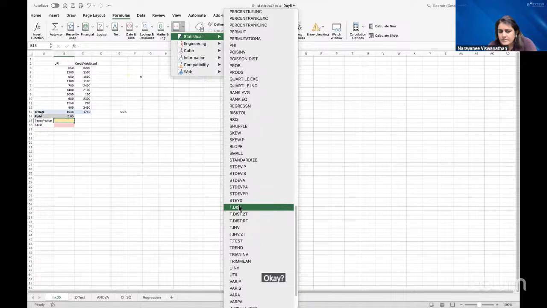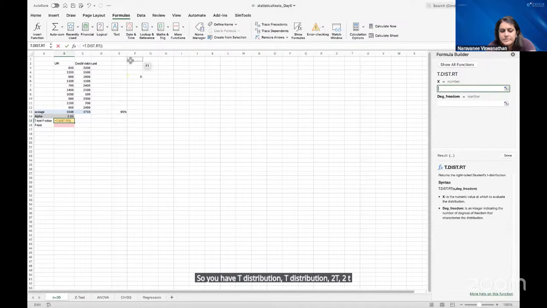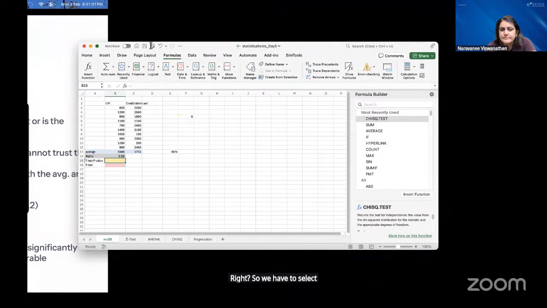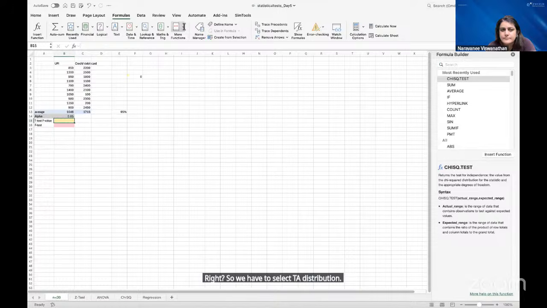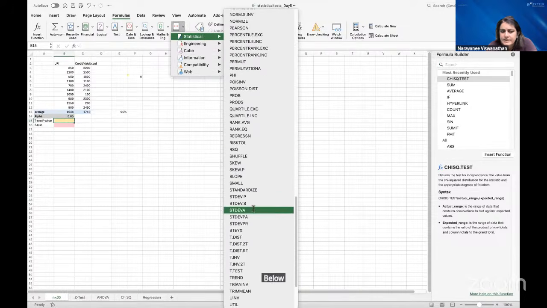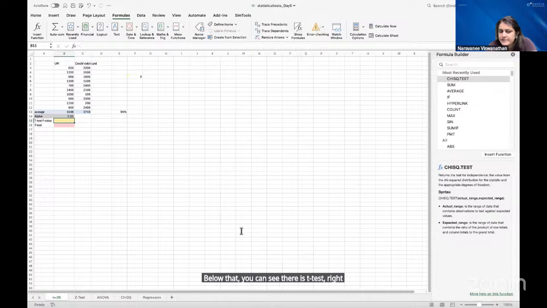So you have t distribution, 2t, t distribution, rt, sorry. So we have to select t distribution. Below that you can see there is t-test, right? Select that.